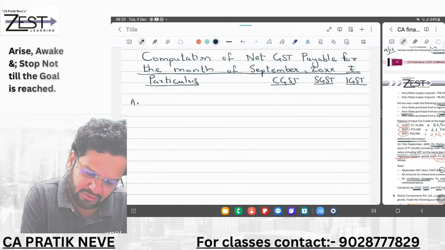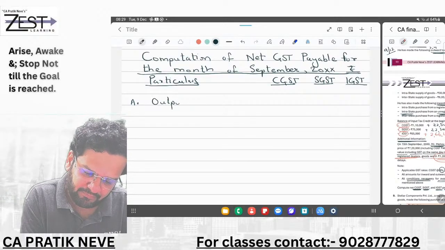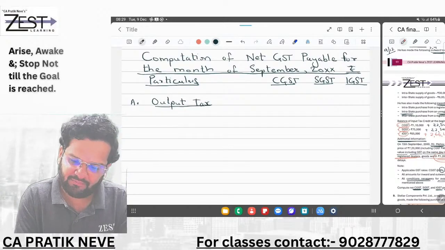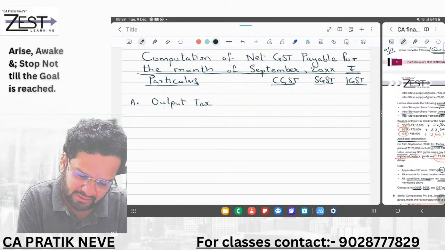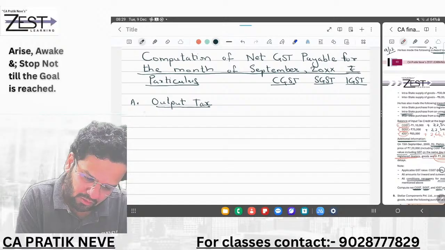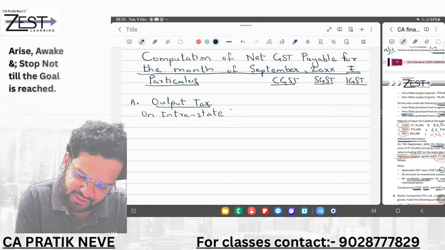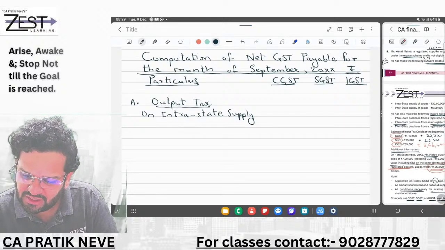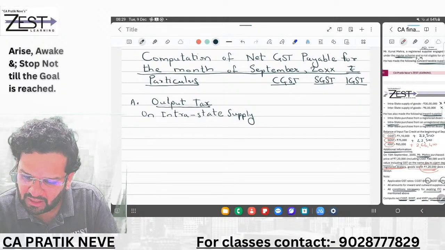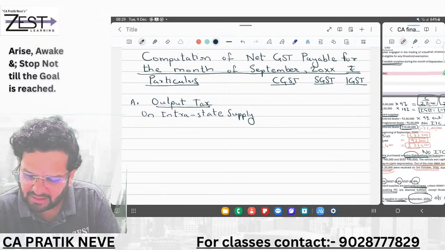A point, output tax. Now output tax we have to calculate like this. How we have to calculate output tax on intra-state supply. Find out your intra-state supply. Your intra-state supply are 30 lakhs.